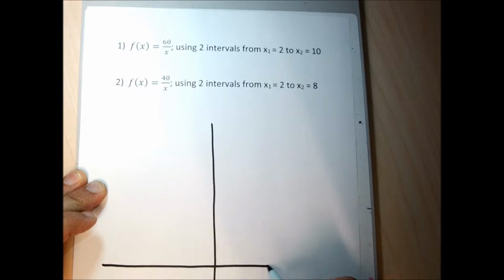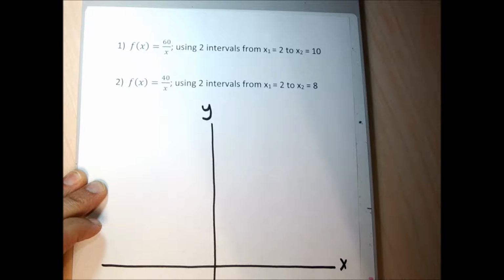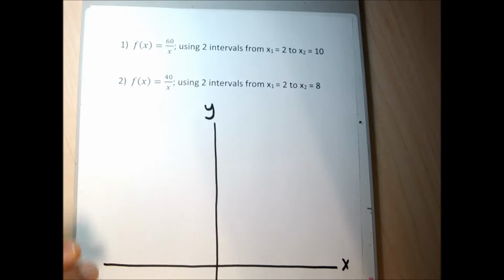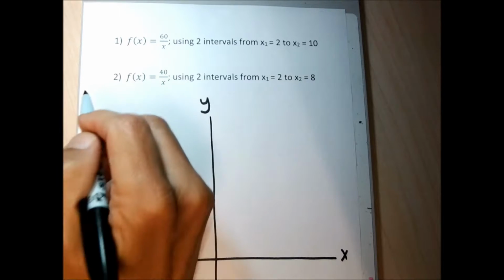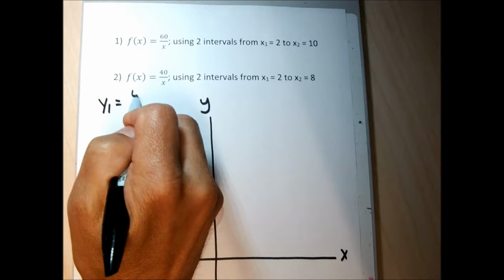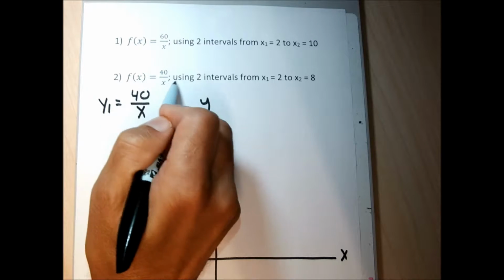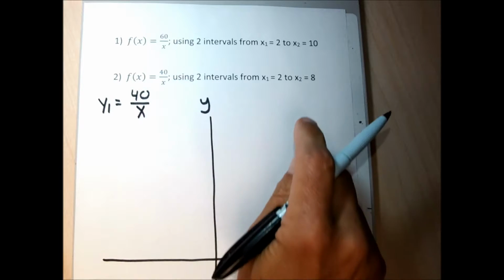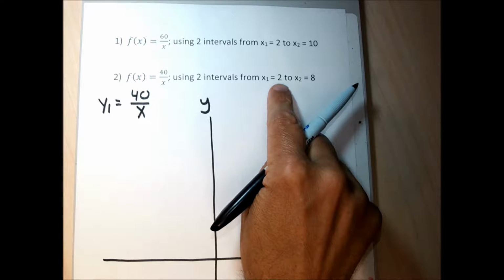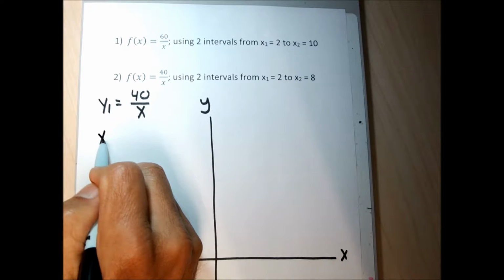I'm going to make my graph top heavy as opposed to bottom heavy because all the points are going to be in the first quadrant. I'm going to make y1 the function 40 over x, and very specifically make my x min and x max just look at the portion of the graph that is called out in the problem.